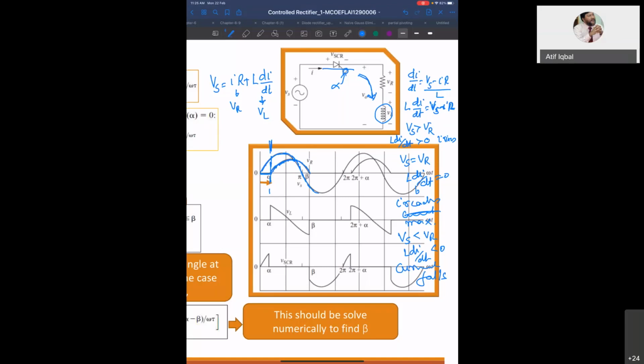So at this point, your source voltage is equal to your resistive voltage drop. So the current will reach maximum at this point, and then it will start falling. So if you draw the current waveform, it will be like this.